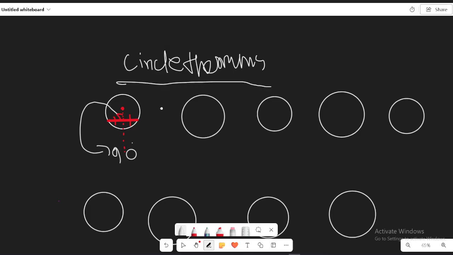Next one, this one's not that big of a deal. This one right here is very important. Say, center of circle, and we have a line going right here. This is one radius. This is the second radius. So what is it trying to say?